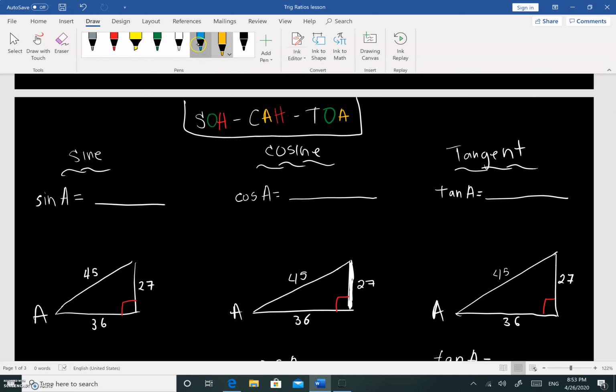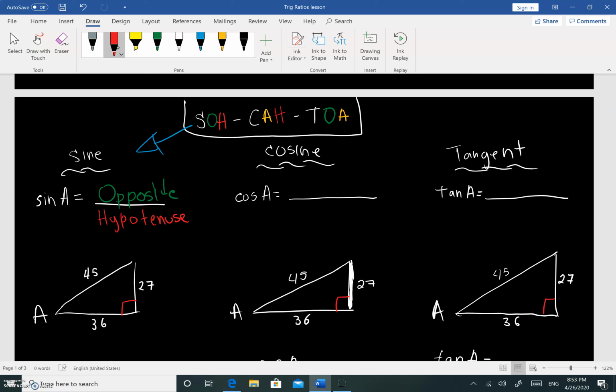So SOH really means sine of A is equal to opposite over hypotenuse. And this is going to be a fraction. So a ratio is a fraction. Sine of A is a fraction where you put the opposite side over the hypotenuse.